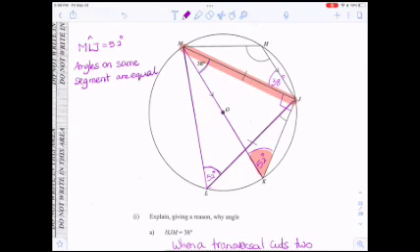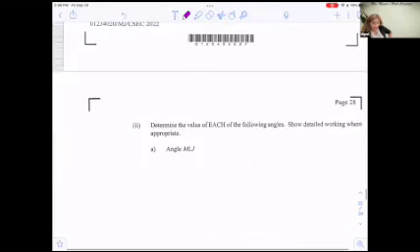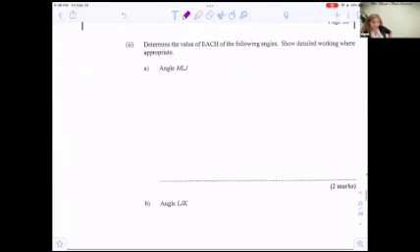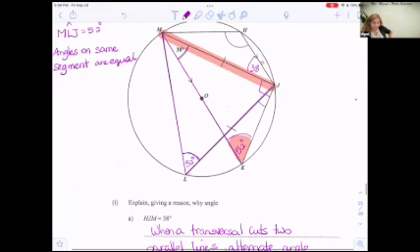Let me finish. The last part now, we want LJK. So let us outline LJK. So we want this angle here. Let's see how we could figure out this angle.